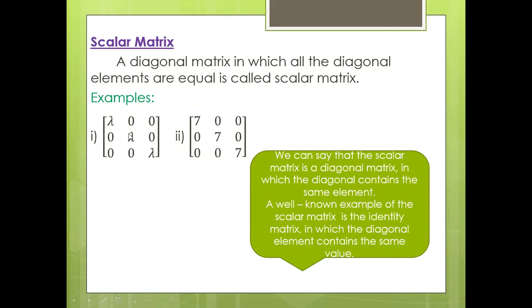Here, all the elements are equal, which is called a scalar matrix. We can say that the scalar matrix is a diagonal matrix in which the diagonal contains the same element. A well-known example of the scalar matrix is the identity matrix, in which the diagonal elements contain the same value.